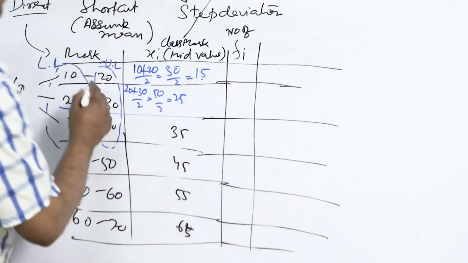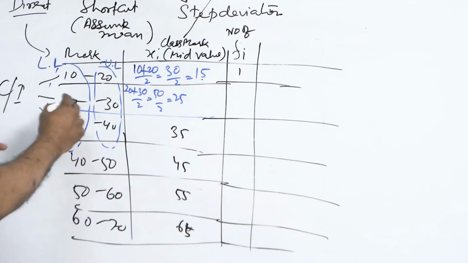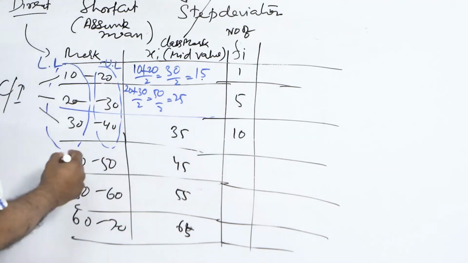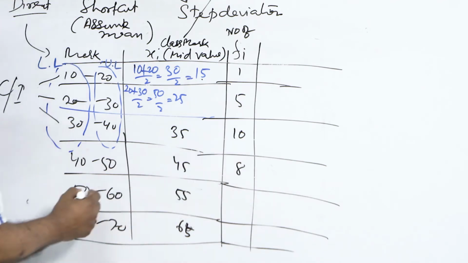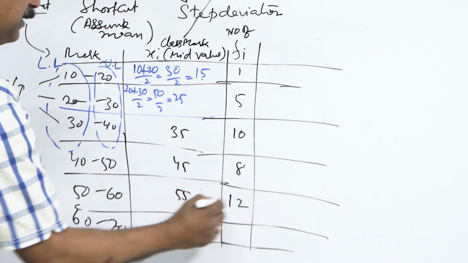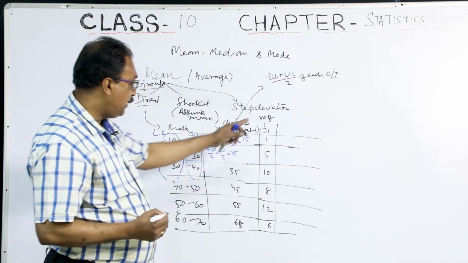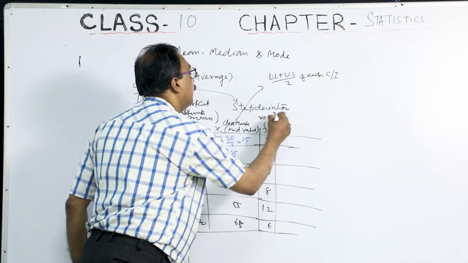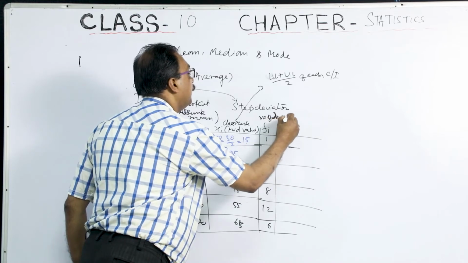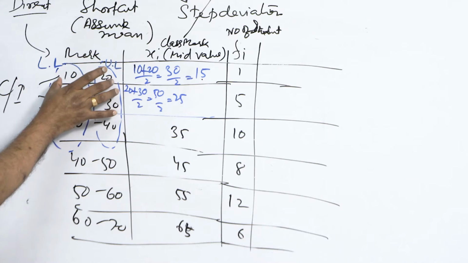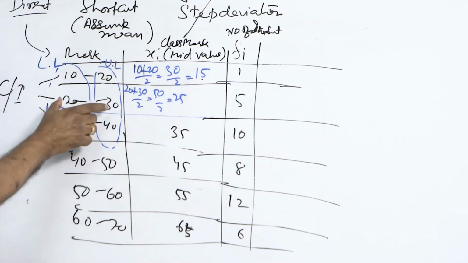Say 10 to 20, only 1 student. Maybe here 5 students, here 10 students, here 8 students, here 12 students, and here 6 students. That many students got that range of marks.